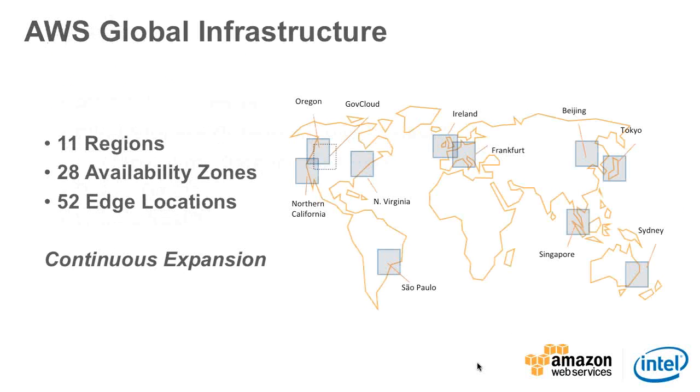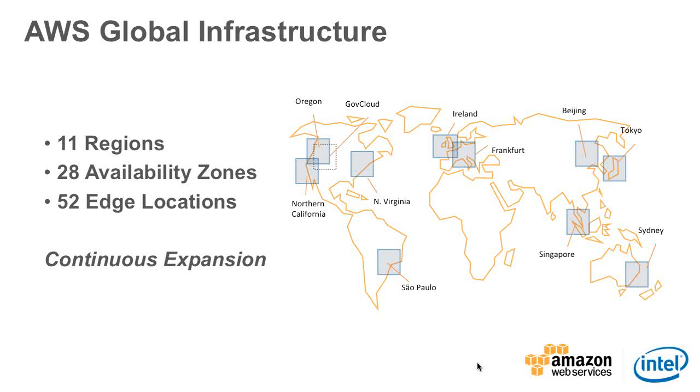Now, first of all, Amazon Web Services has a global infrastructure footprint. We have about 11 regions all over the world where we have, including the storage option that I'm going to present today, a variety of services that help you complement your workloads. Within those regions, we have what we refer to as availability zones. Every region always has at least 2 availability zones, and those are distinct locations within those regions, and we have clusters of data centers within those availability zones.